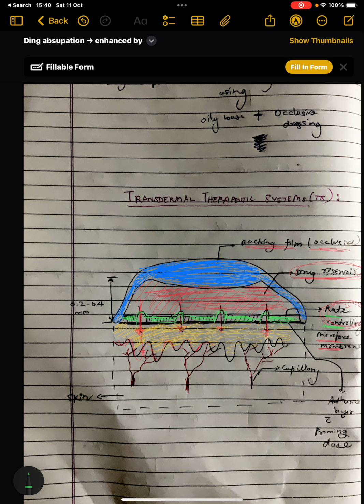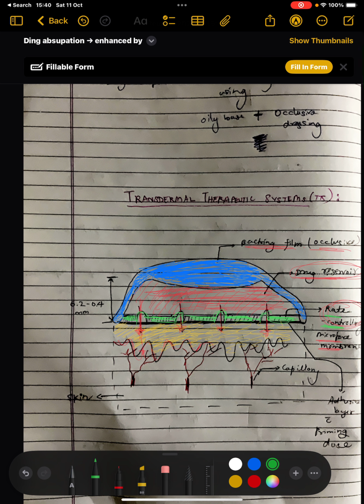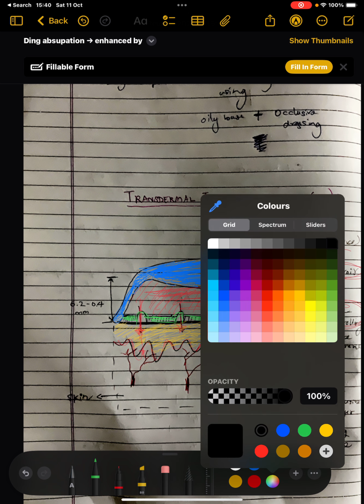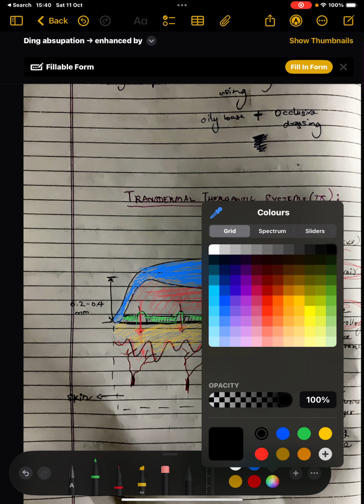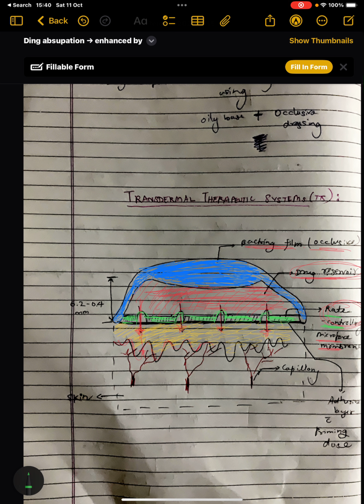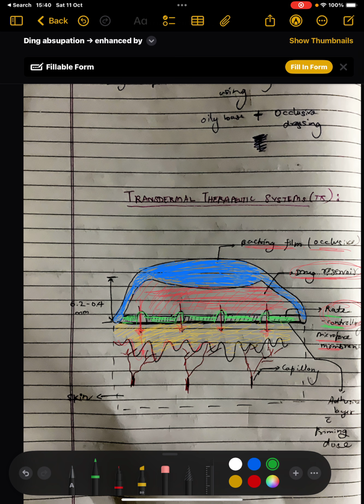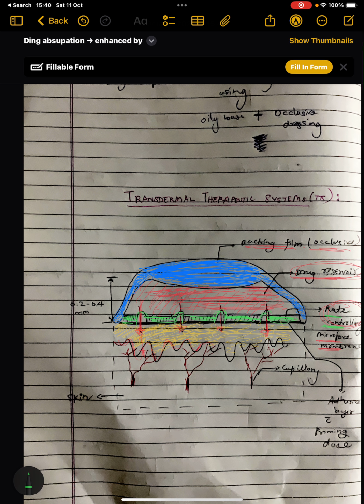Now what that means is that this black layer that you see, this adhesive layer, has a priming dose. This priming dose is the first dose that you will receive when you apply this transdermal patch on your skin. So that is what it means.